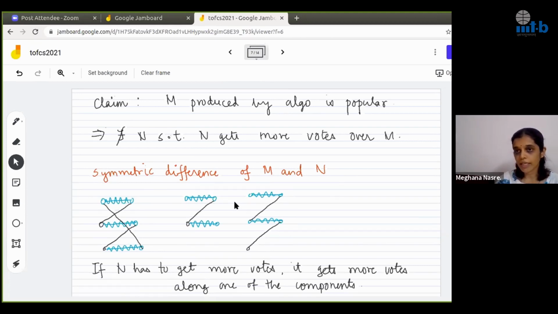Now remember that it's not a maximum cardinality matching. You actually can have augmenting paths with respect to M, alternating paths with respect to M, and so on. So you can have all sorts of structure.